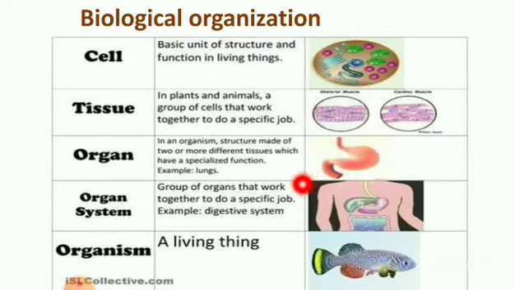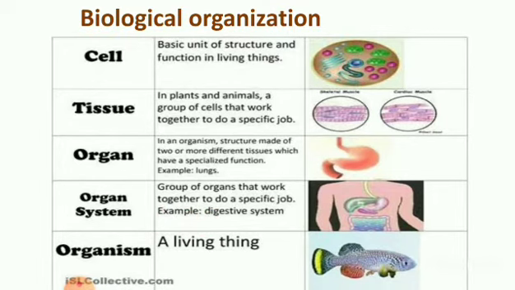Example, lungs. What is organ system? Yes, a group of organs that work together to do a specific job. Example, digestive system. Organism, that is a living thing. Living thing is nothing but organism.